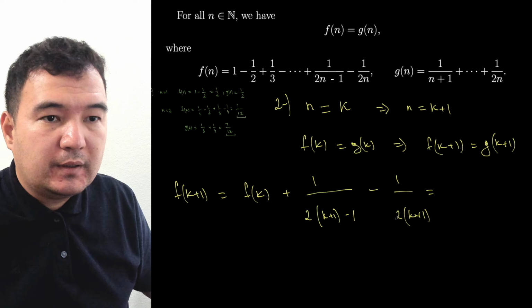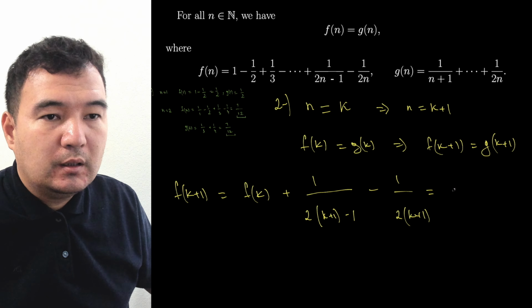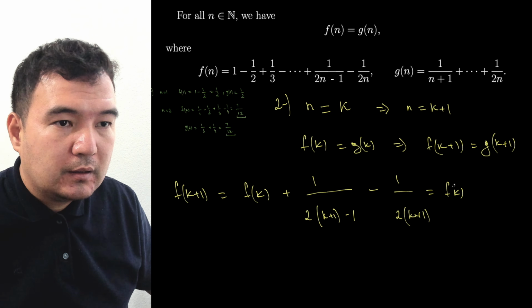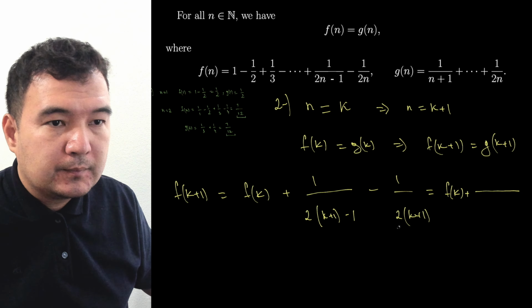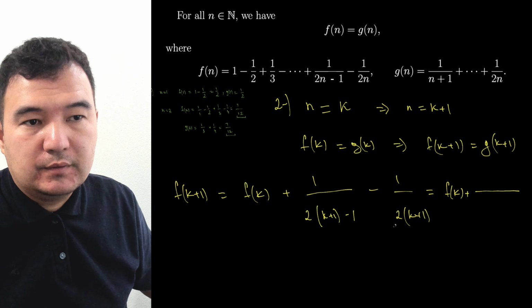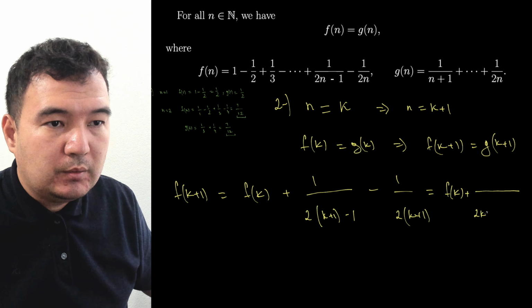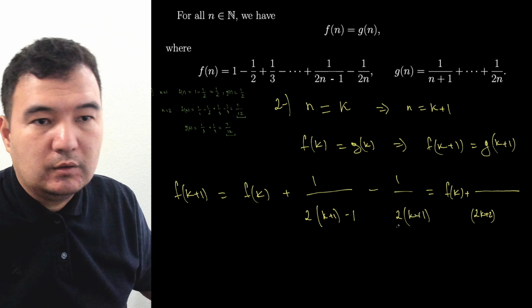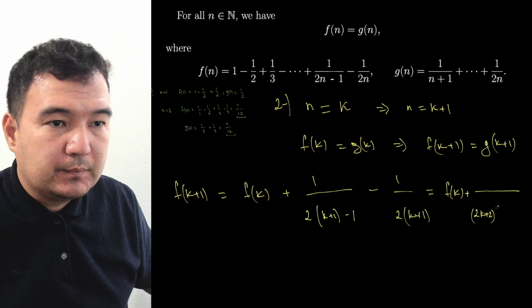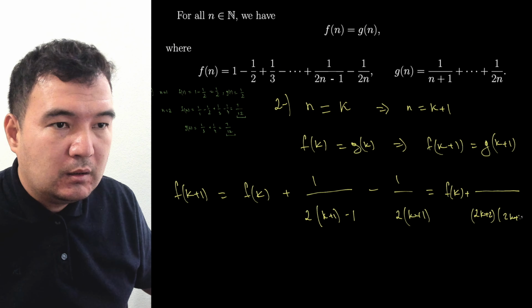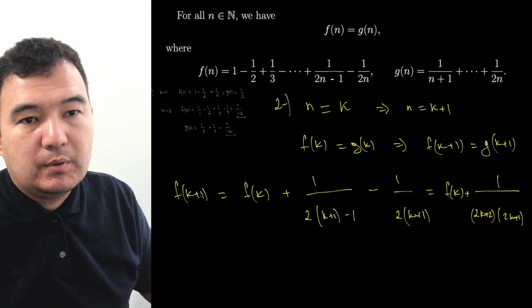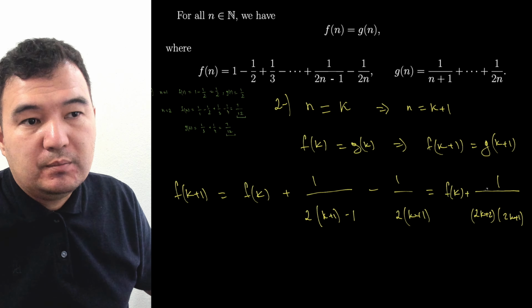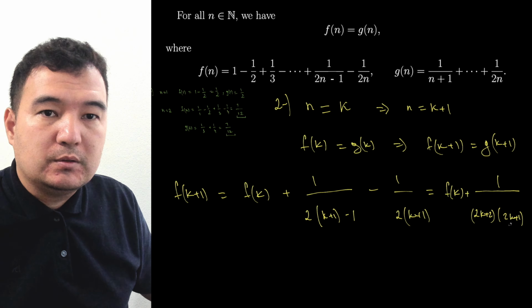And then if I simplify this equation, it's f of k plus just the common denominator of these two. The common denominator is going to be 2k plus 2 times 2k plus 1, and the numerator is going to be just 1. So f of k plus 1 in terms of f of k is f of k plus 1 over (2k plus 2) times (2k plus 1).